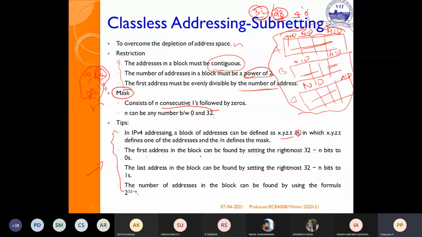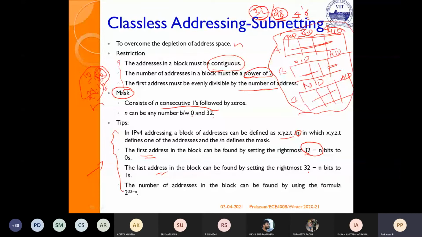Suppose I am given one IP address and want to find the first and last IP address in a particular subnet. How can we find the first IP address? It is very simple: set the rightmost 32 minus n bits to 0. The last address is found by setting the rightmost 32 minus n bits to 1. We will see this with examples.